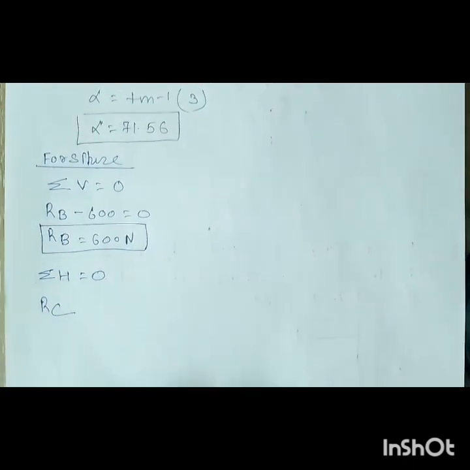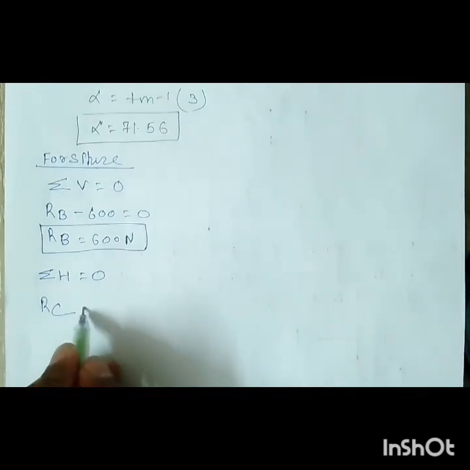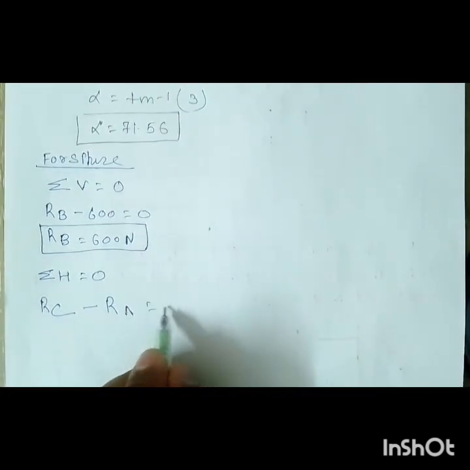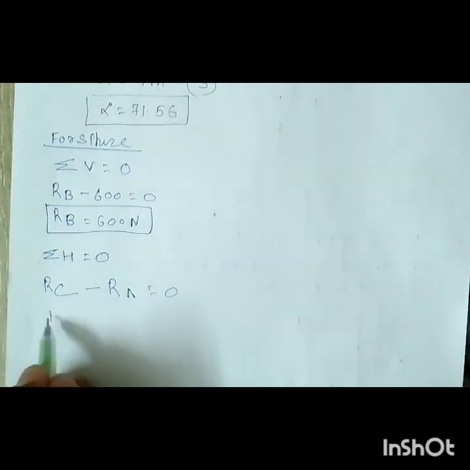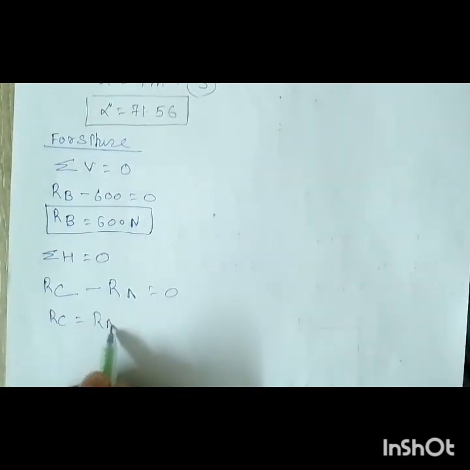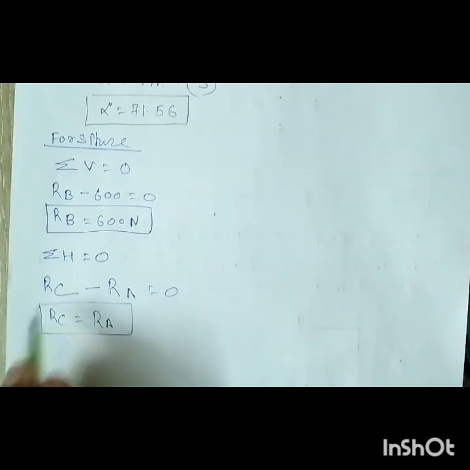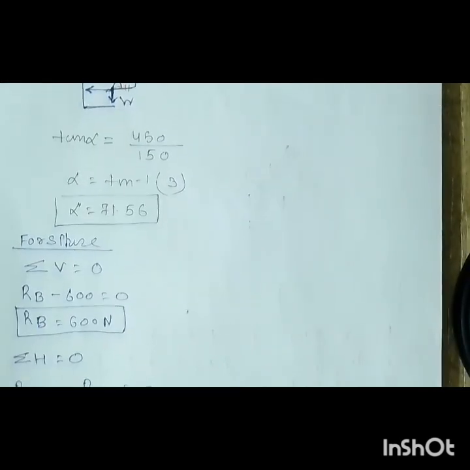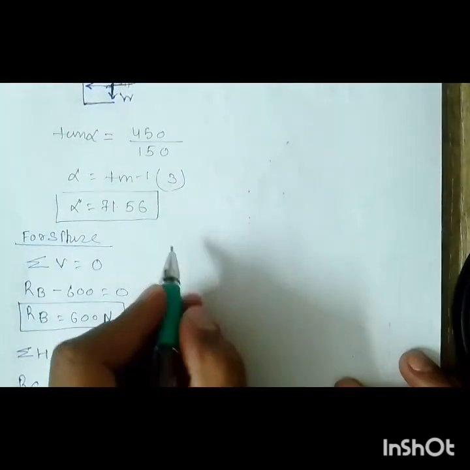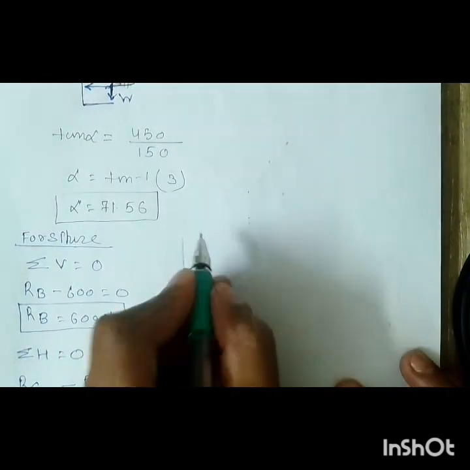RC is acting towards the right side. So RC minus RA is equal to 0, right? So you can say RC is equal to RA. Just leave it like this. Now we will come back to the frame.